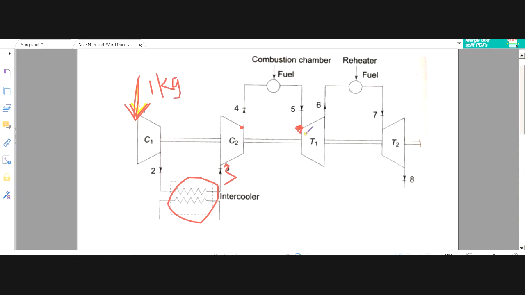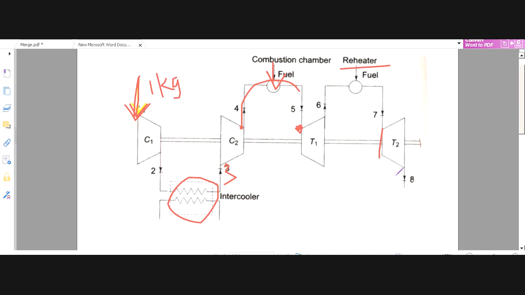The starting point of the first turbine. In order to charge up to here, we need to provide some heat, so for that we need the combustion chamber. Here we input fuel. After the end of the first stage turbine, we reheat it again, that means another combustion chamber, in order to charge the second turbine.